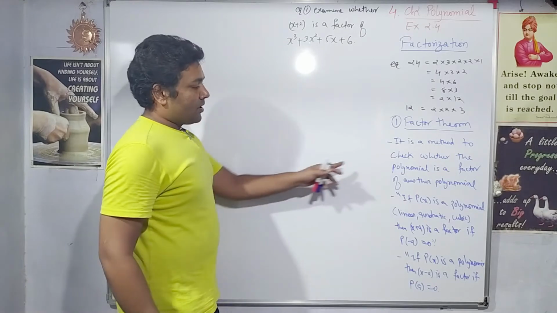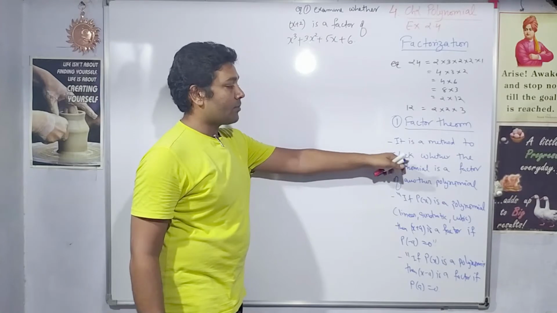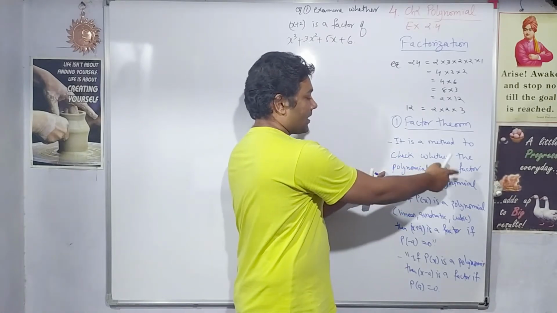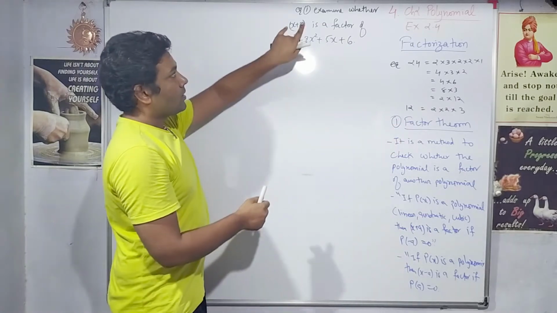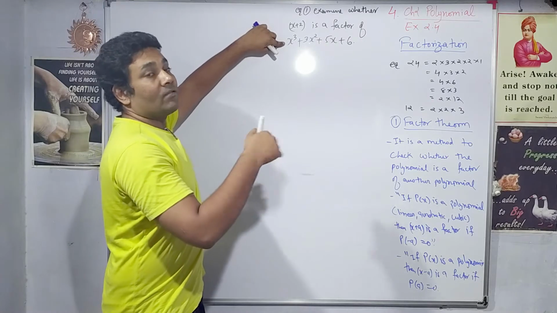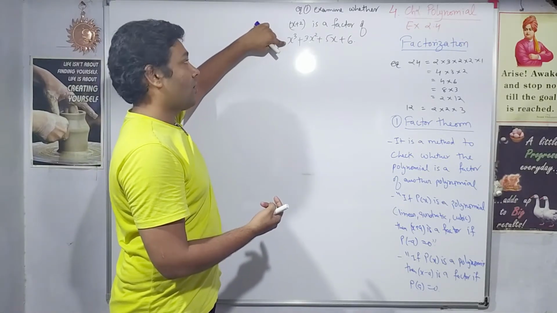So how will I examine? I will just use the factor theorem. I said that the factor theorem is to check whether one polynomial is a factor of another polynomial. So here also it is the same thing. This is one polynomial and this is another polynomial, and we are asked to check whether this polynomial is a factor of this or not.